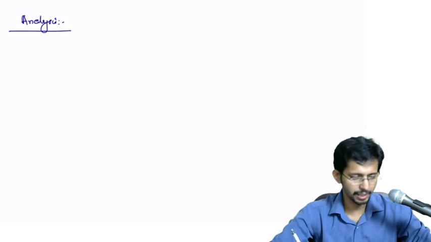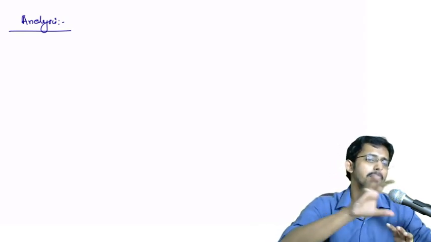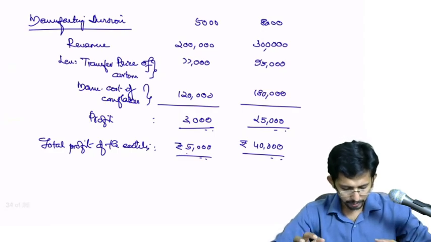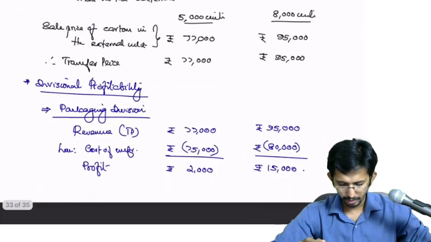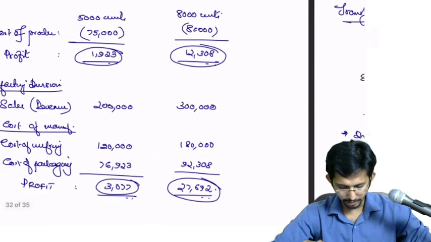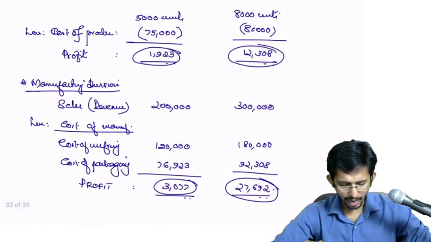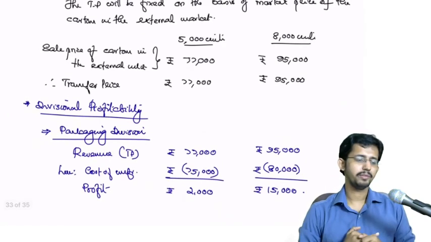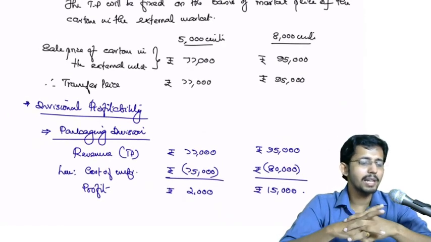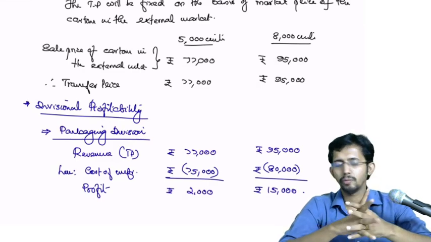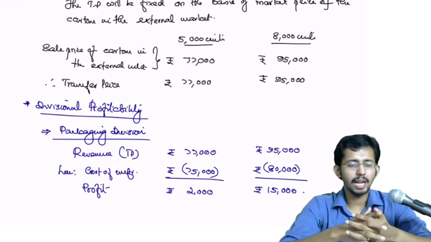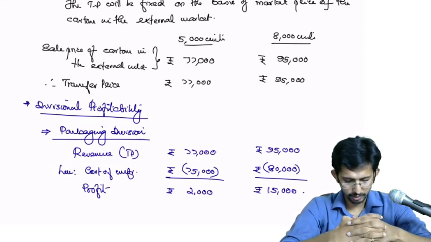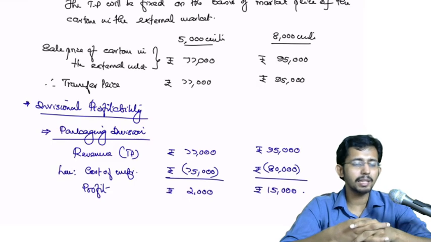Then second observation: how do the methods affect the profitability of the divisions? You can write: the profits of the packaging division will be high if the transfer price is fixed based on the market price.